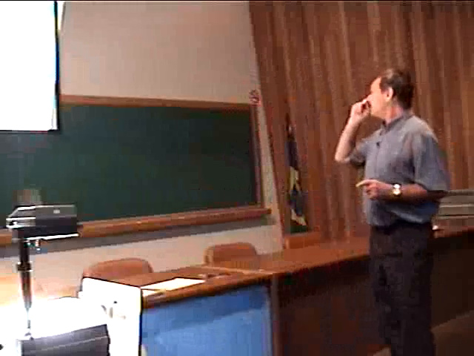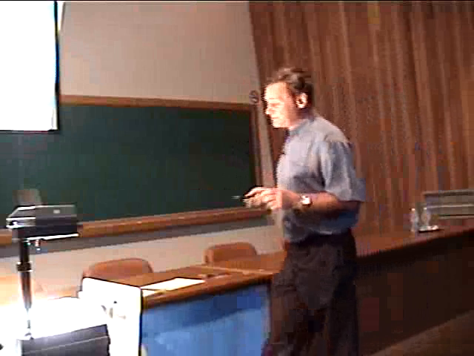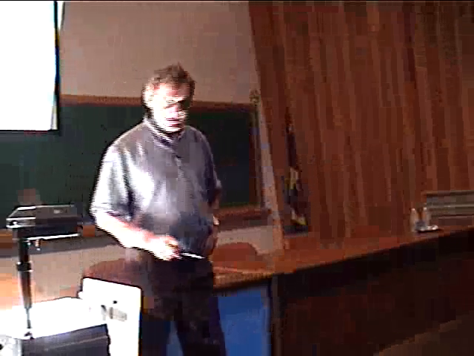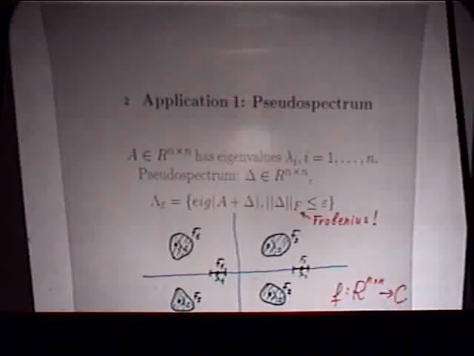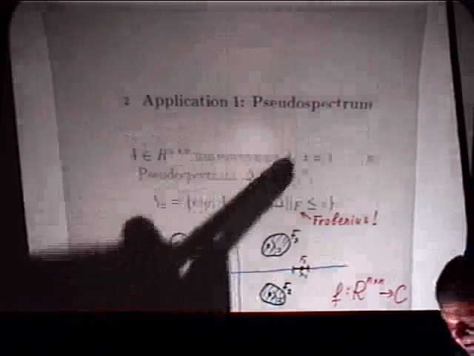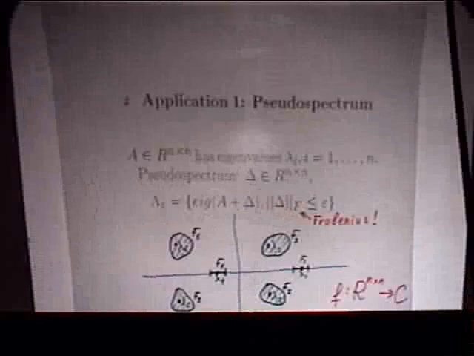It's the so-called pseudospectrum. So what is pseudospectrum? Let's take an n by n square real matrix A. It has n eigenvalues.